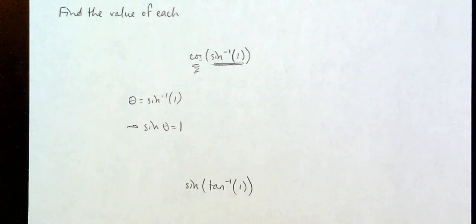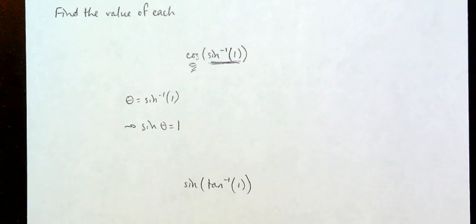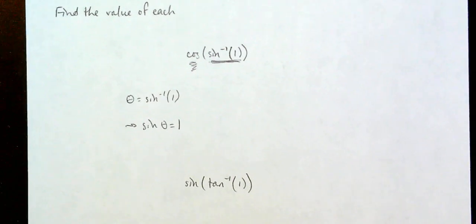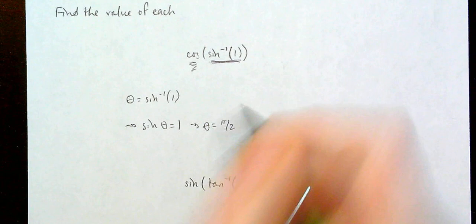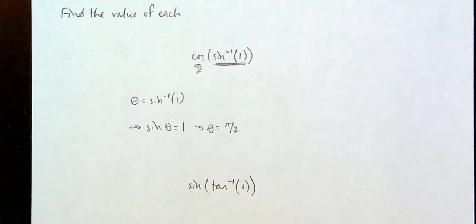And if you refer back to your chart, or if you just know from your studies, if I take sine of 90 or sine of pi over 2, that's going to give me 1. So theta, in this case, is equal to pi over 2.